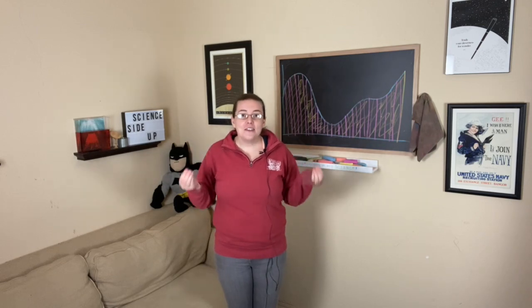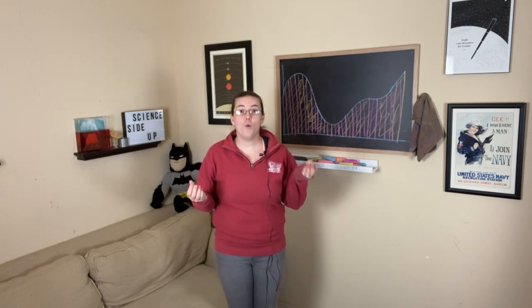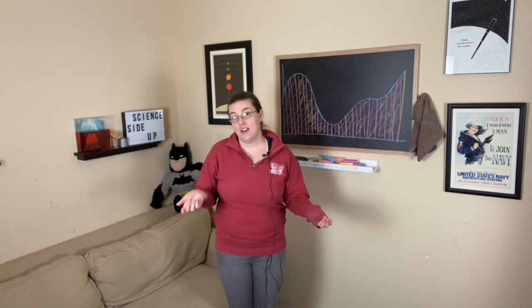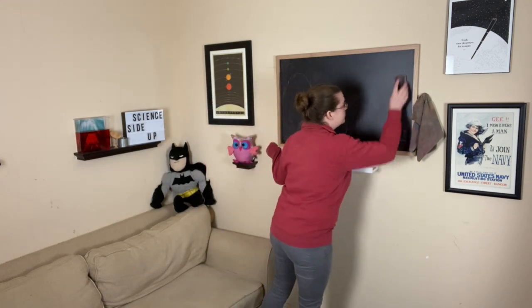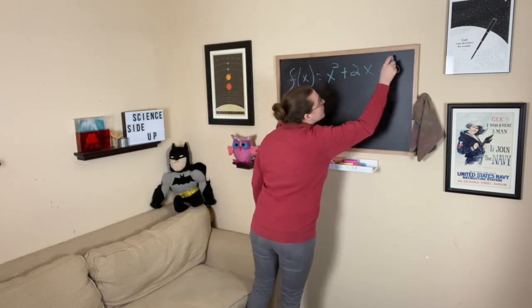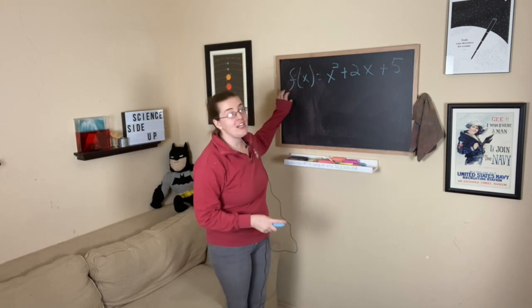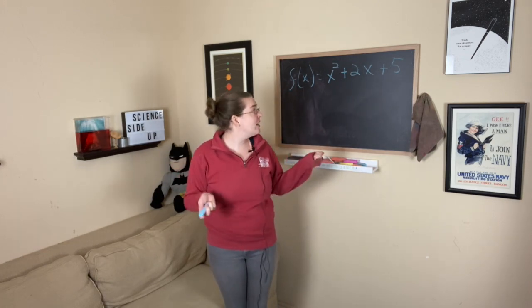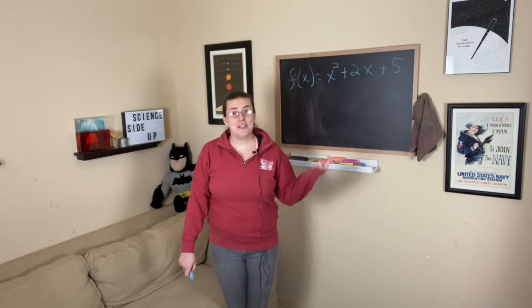And the other thing that's really important about derivatives and integrals is that one undoes the other. So let me give you an example of that. Here's a very simple function. The function f of x is equal to x squared plus 2x plus 5. Now let's take the derivative of our function.